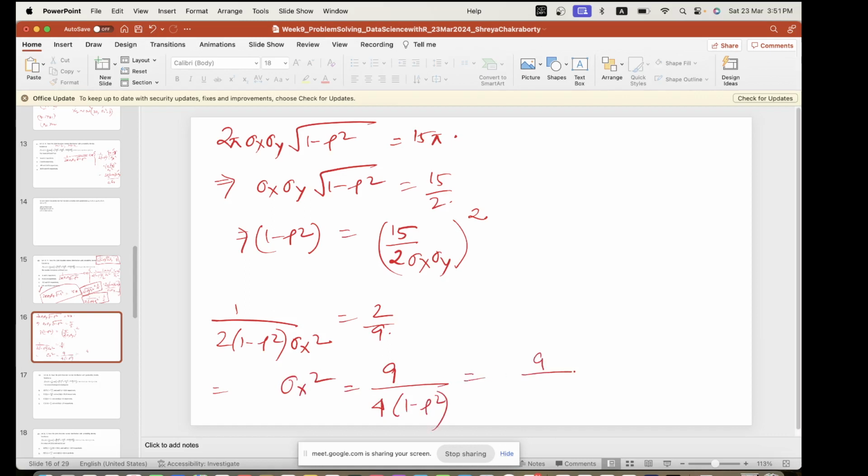So this is 9 by 4 into 225 by 4 sigma x square sigma y square. So 4 cancels, sigma x square cancels.